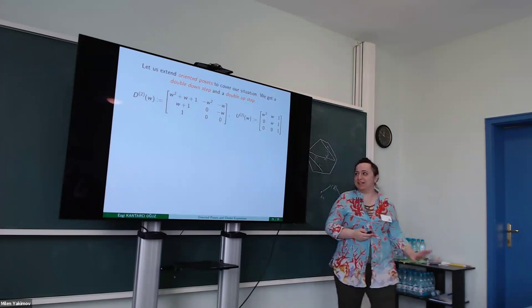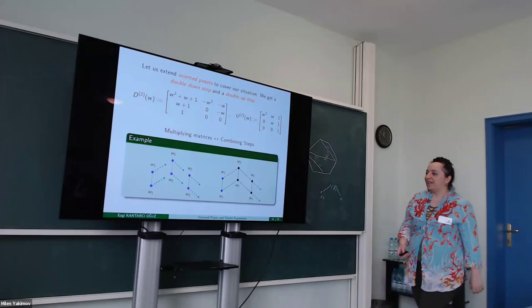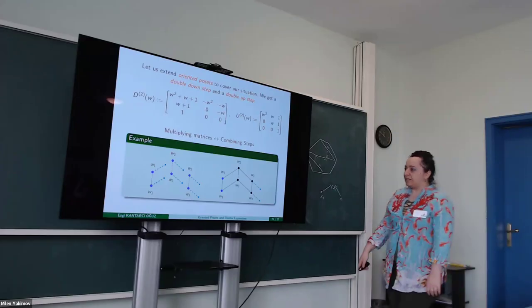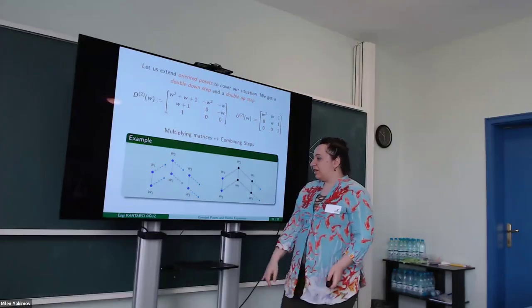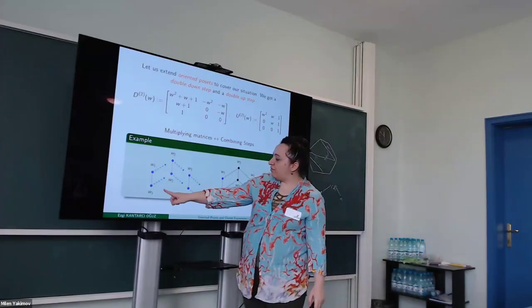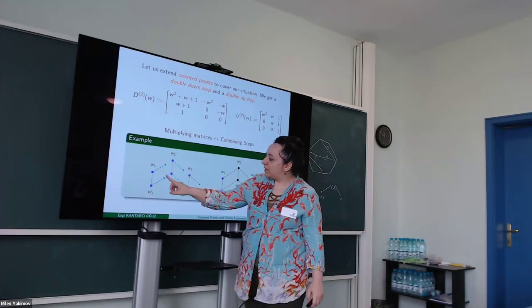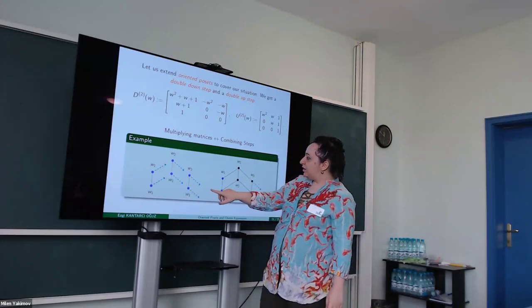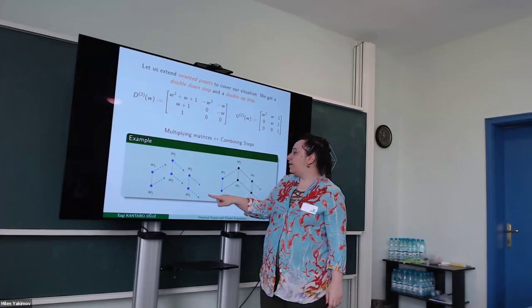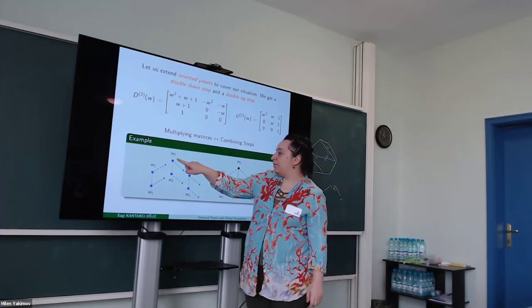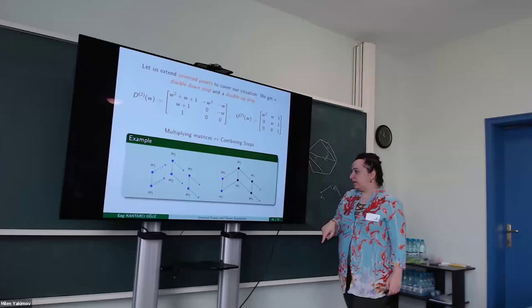Names might change. They have their matrices, but combinatorially it works the same way. So now your building blocks are shaped like this. And instead of doing up, down, and down, you do the double up, double down, and double down.